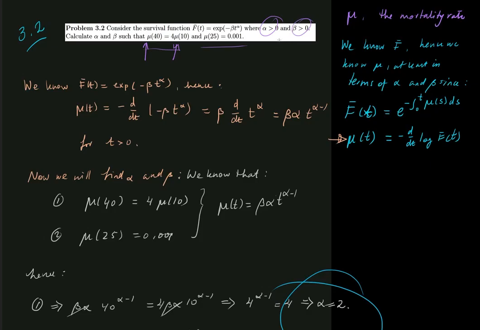Now, why do we do this? The reason why we do this is because often it's actually easier to estimate the mortality rate than it is to estimate a survival function. There are certain methods of estimation that you will not learn during this course, but just very roughly, we can estimate the mortality rate using one of those.